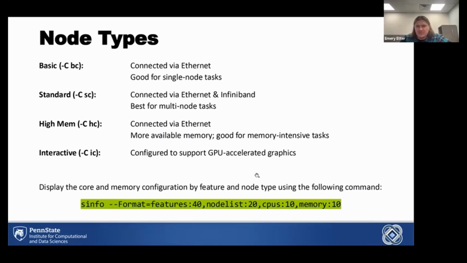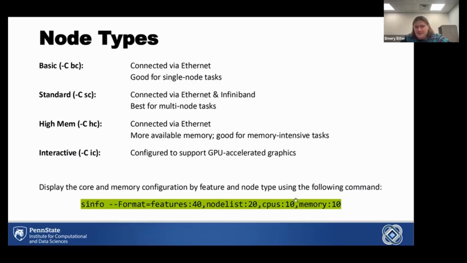So if you're doing some type of 3D modeling where you have to drag around a 3D model and view it from different aspects, and it's more graphics based software, then you may want to use the interactive node types.